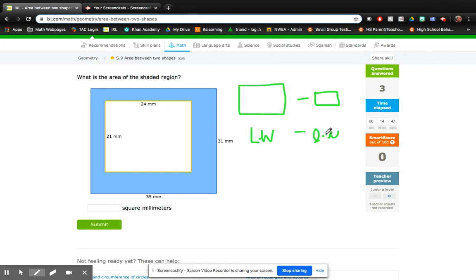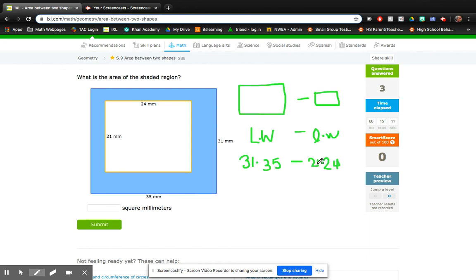So this outside is 31 times 35, and the inside is 21 times 24.